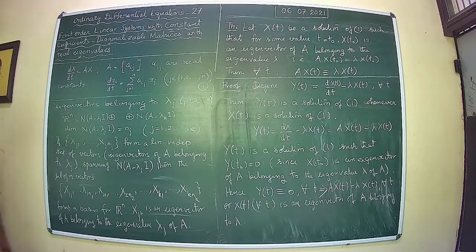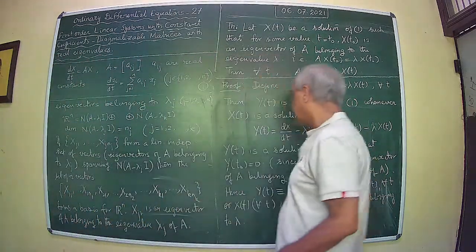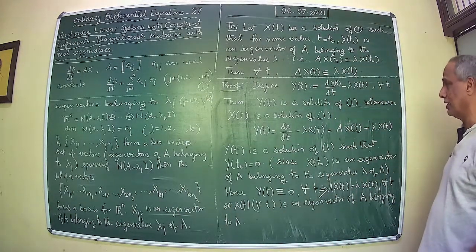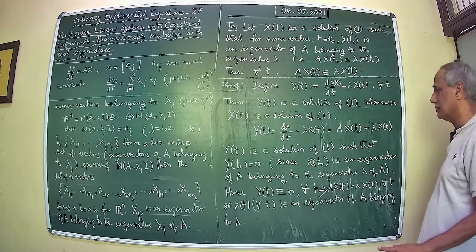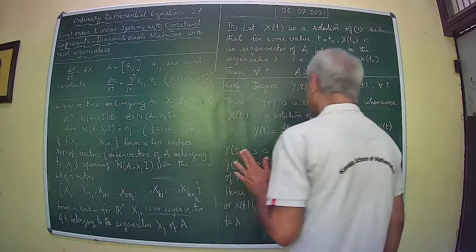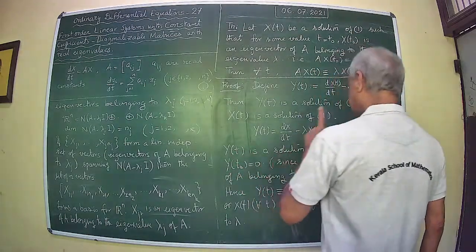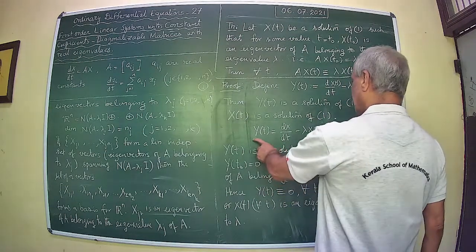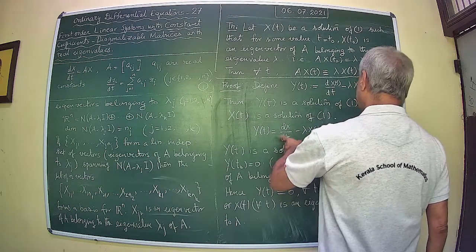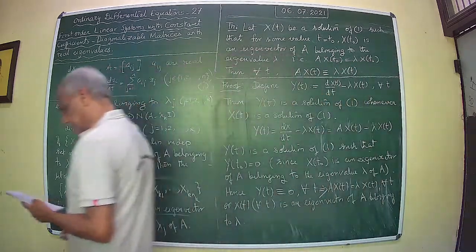So we want to find out an eigenvector of A, or it is enough to find out a vector which is an eigenvector of A and set x(t naught) equal to that vector, then you get the solution.